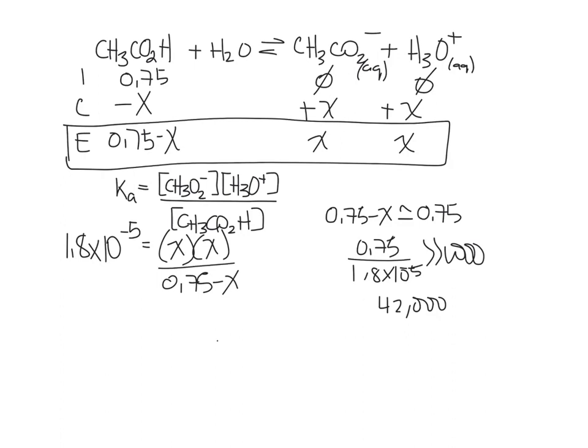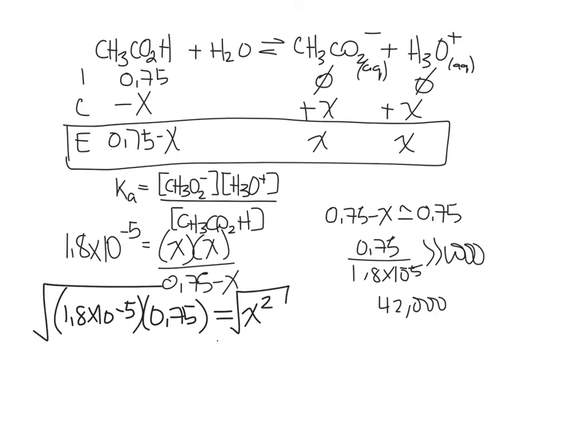So we're going to simplify. 1.8 times 10 to the negative 5 times 0.75 is equal to x squared. Take the square root of both sides and we solve for x.